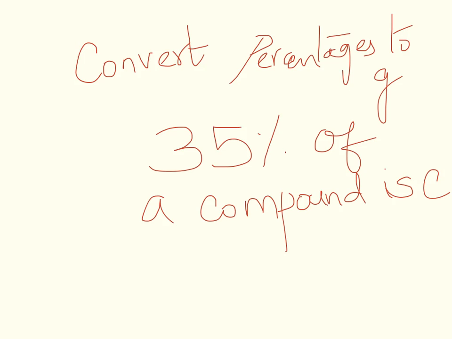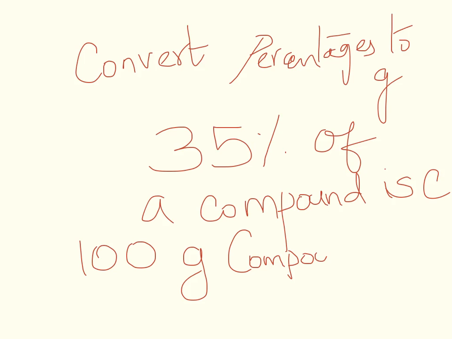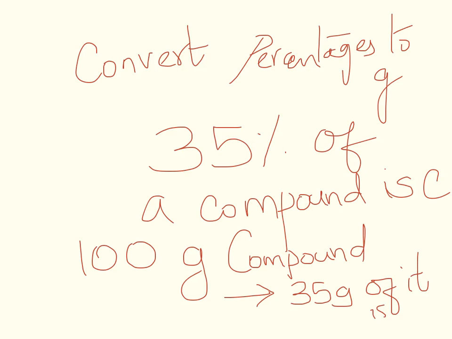That means that if there were 100 grams of compound, 35 grams of it is carbon. Okay, so 35 grams. So you've converted from percent to grams, but the one important thing is that you're assuming 100 grams of compound.